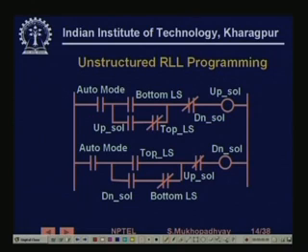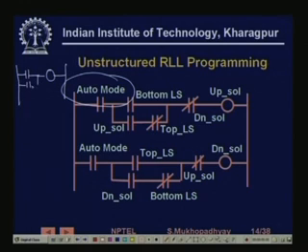It says that if the auto mode, by the way, this auto mode is actually an auxiliary contact corresponding to some logical variable which you can set by a simple rung: if it is auto PB, then you have an auto mode coil, and here you can have an auto mode auxiliary switch, so that the PB can be released. So this is a sort of persistent input.